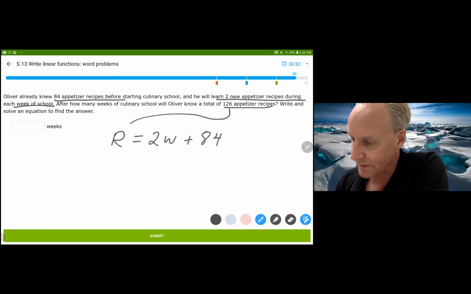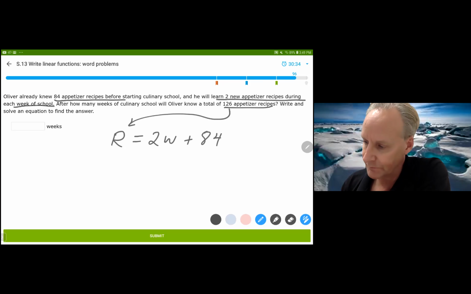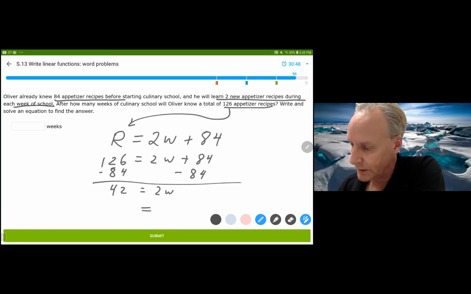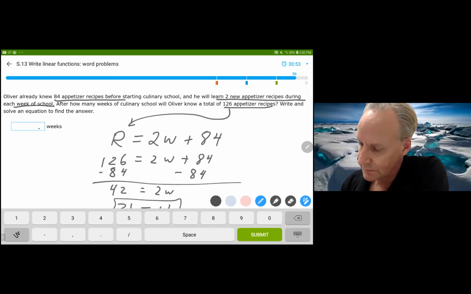And we are interested in getting to 126. 126 is equal to 2W plus his original 84. I'm going to subtract the 84. That would be 42. It's equal to 2W. And it's going to take him 21 weeks of class.